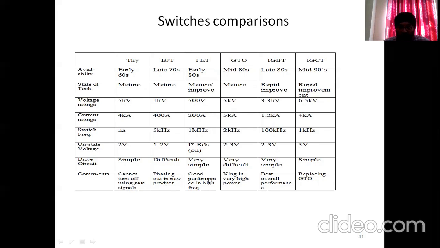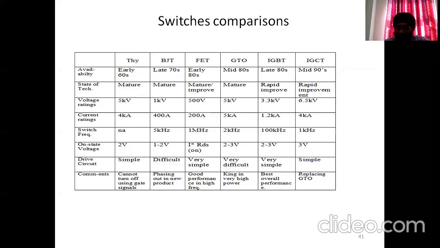So in that case, thyristors are normally used in power electronics, MOSFETs, GTOs, IGBTs and IGCTs. And IGCT is actually now replacing GTOs because they are fully controllable, just like GTO. You can turn on and turn off using the gate terminal.